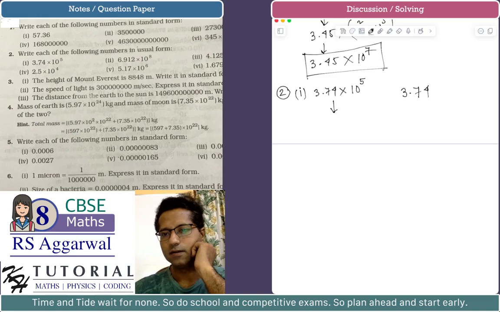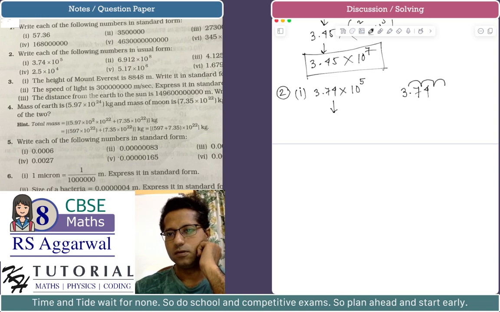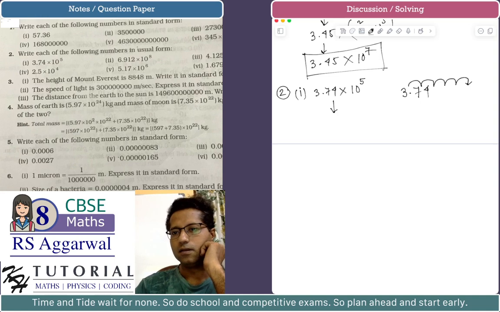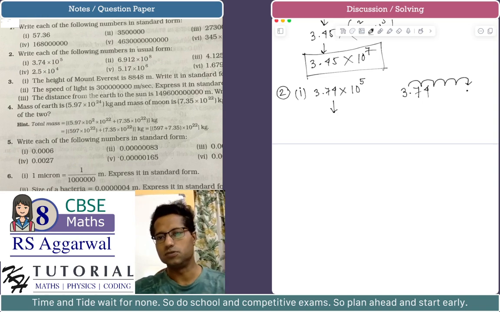So when I am doing that, how does the shifting happen? 1 shift, 2 shift, 3, 4, 5. And by arrowhead I mean the decimal point, the final decimal point will be here. And in between, if you see there are empty spaces, you just put 0. 1, 2, 3.